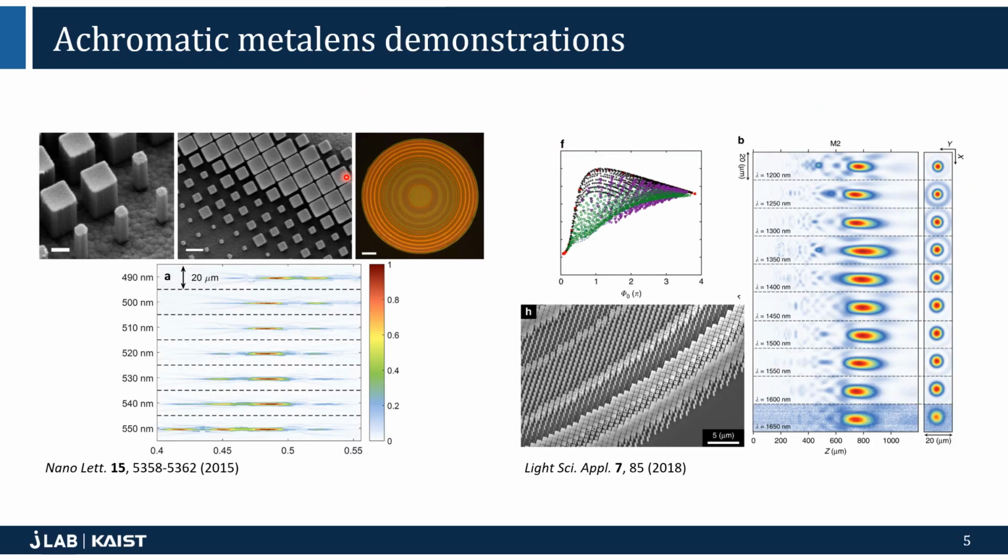Achromatic metalenses have already been investigated a lot. Here are some examples of polarization sensitive lenses, where light is focused achromatically. This is in the visible and this is in the telecom range. However, as you may notice, there are these parasitic focal spots that occur.